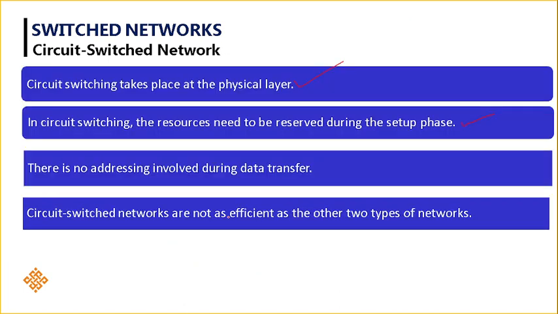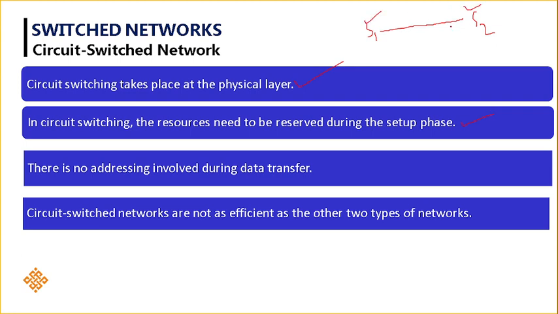So that's what I am telling: in circuit switch network, the resources need to be reserved during the setup phase. Very important, as I told you, once the connection has been established between the two systems, all the resources like bandwidth or data rate or delay, whatever it may be, are completely reserved for these two systems for lifetime.